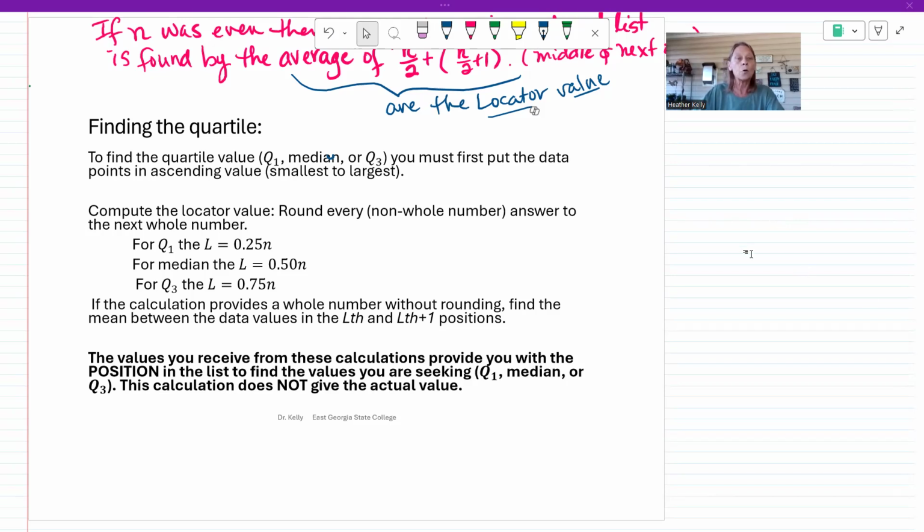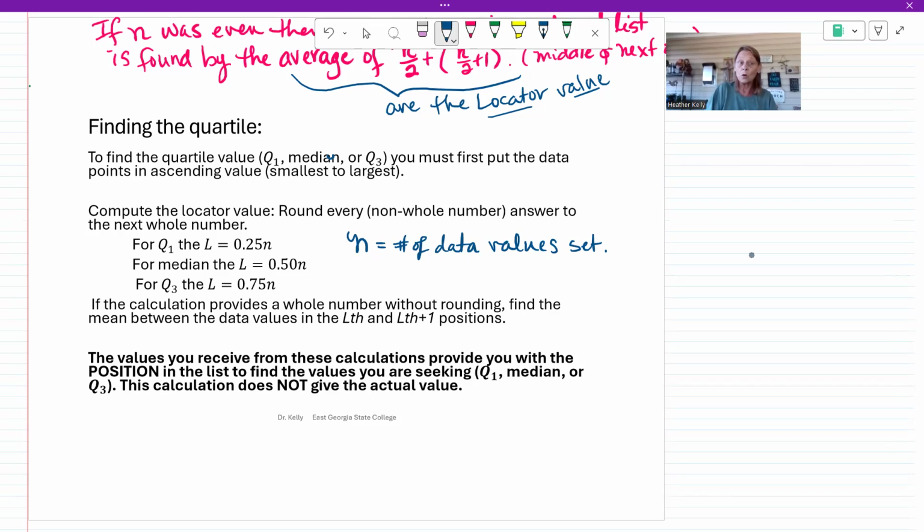All right, so this is how we find the Q1. For the Q1, we're going to take a quarter, 0.25, times the number of data points. N is the number of data points in the set. So N equals the number of data in the set, which you should already know because you've been working on your homework, right?